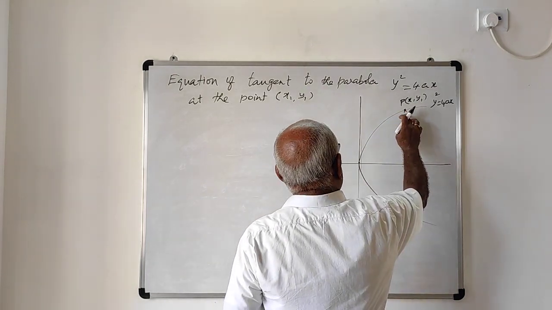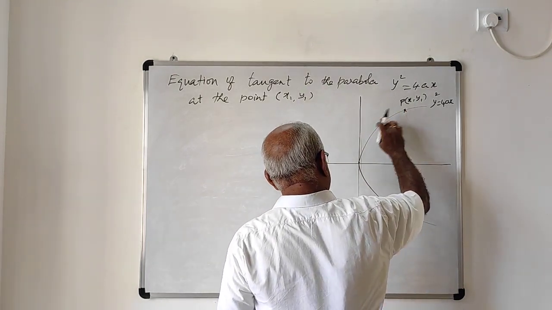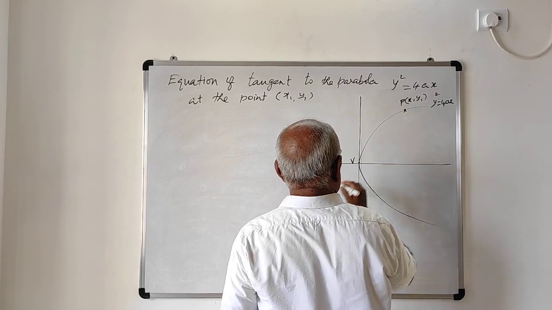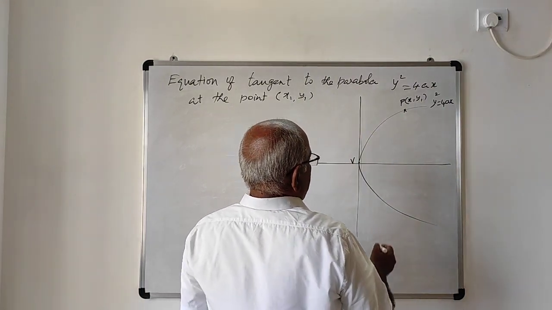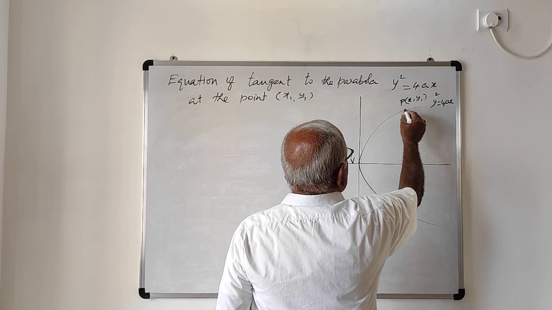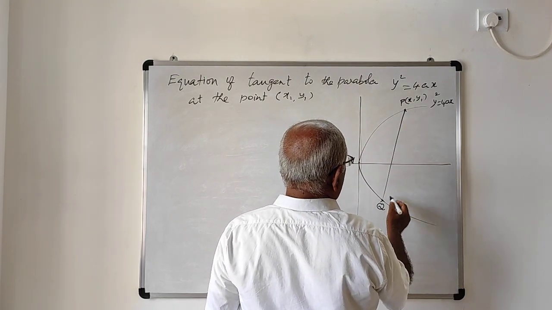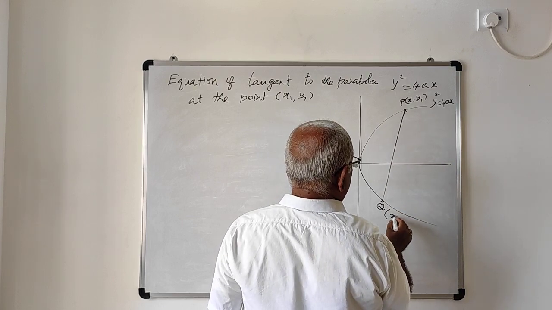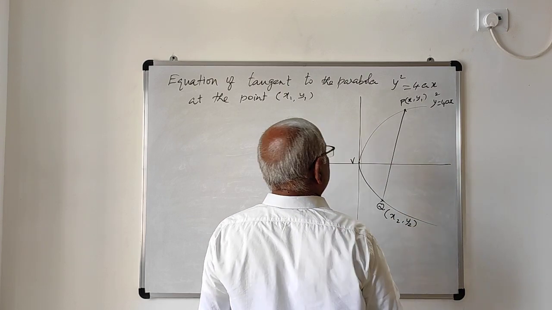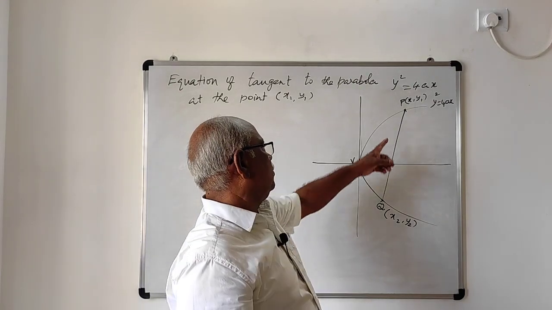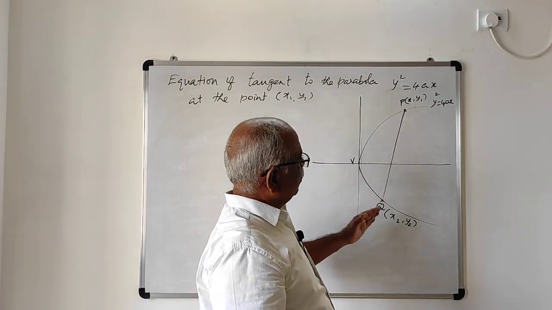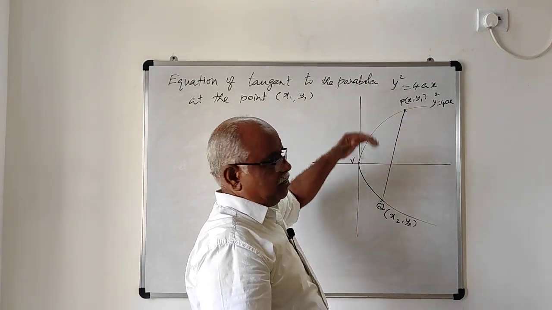Now I am going to find the equation of tangent at the point x1, y1 to this parabola. Origin is on the x axis. Suppose I take a chord PQ, where Q is the point x2, y2. First I am going to find the equation of the chord PQ, and then from that I am going to convert that chord into a tangent.